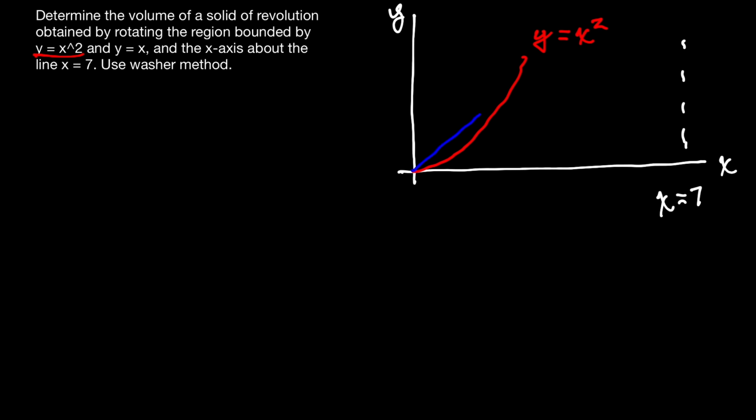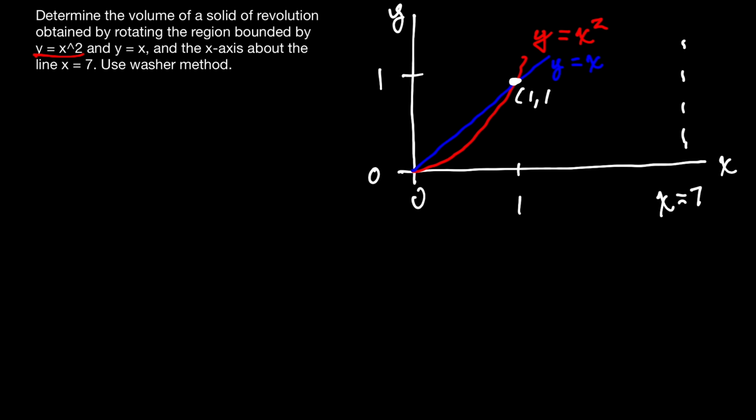And here is my line, y equals x. So again, the same curves, they both cross at the same place, 1, 1. So before we were going from 0 to 1 in the x direction, now we're going to have to be going from 0 to 1 in the y direction.